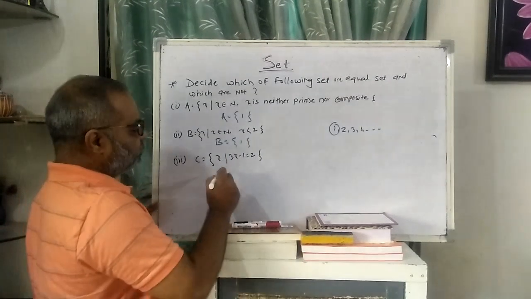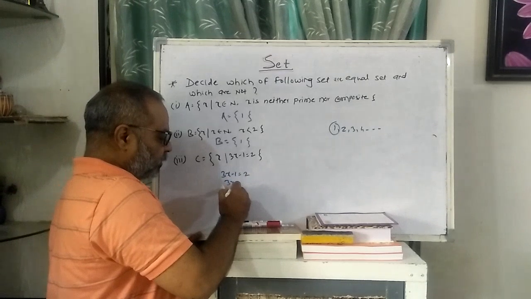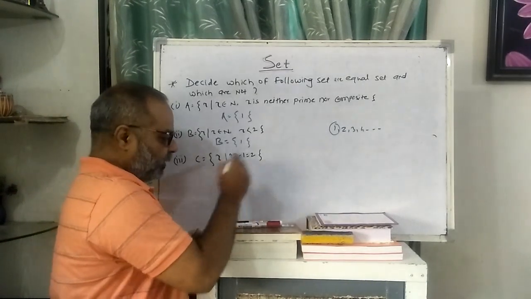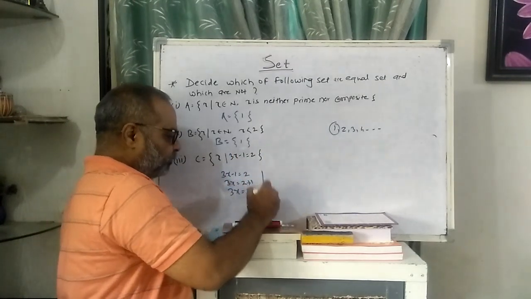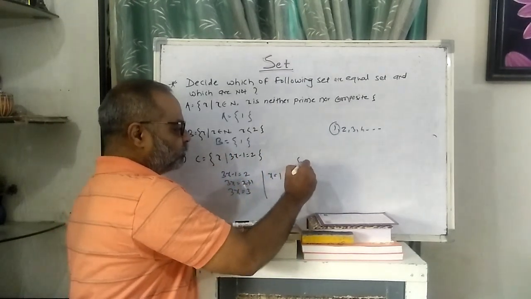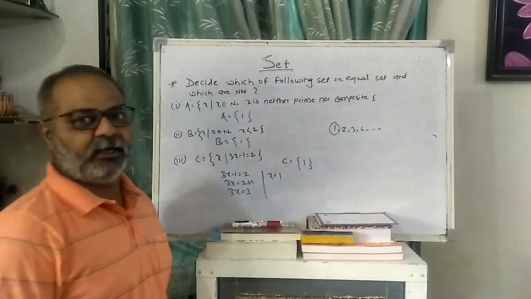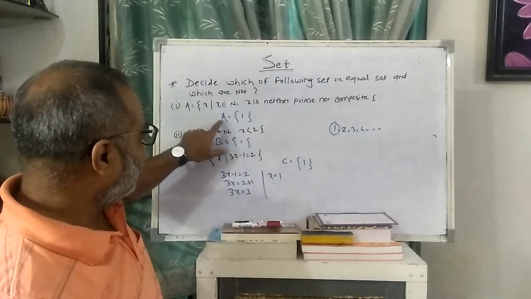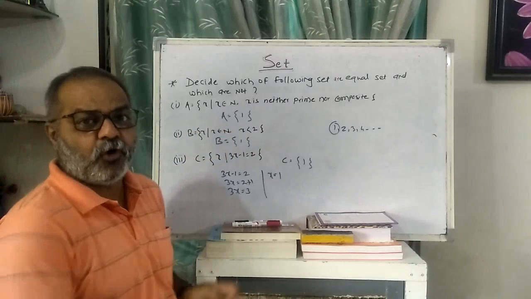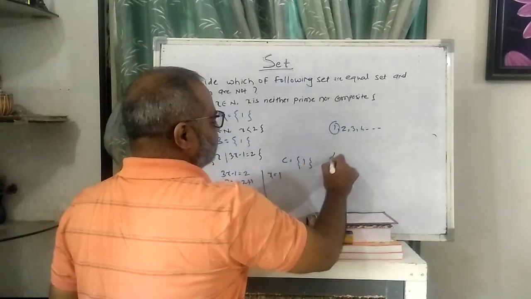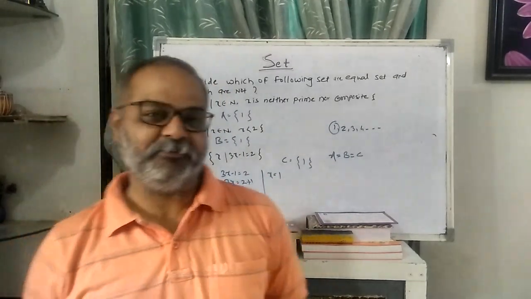Solving, 3x is equal to 2 plus 1, since when I change the side, the minus becomes plus. So 3x is equal to 3, that means x is equal to 1. So C also contains the element 1. You see A has element 1, B has element 1, C has element 1. So all are equal, and I write set A is equal to set B is equal to set C.